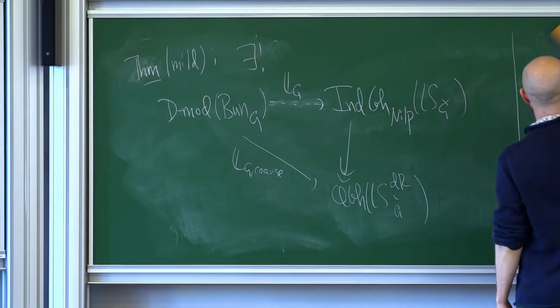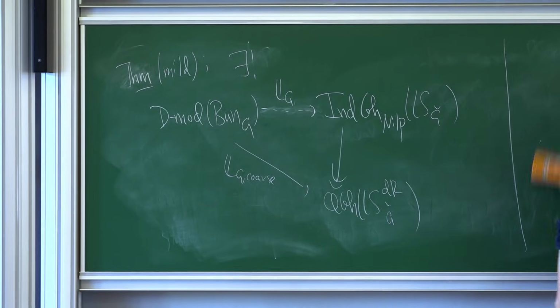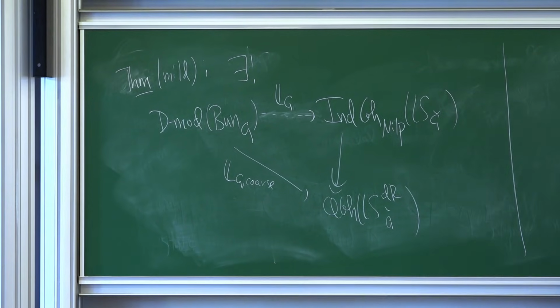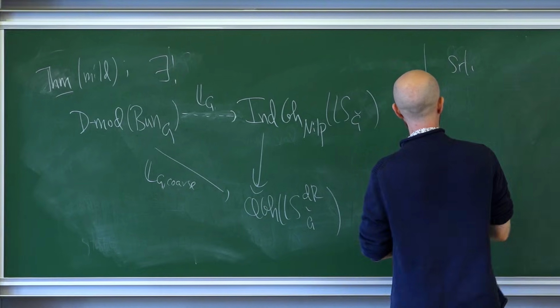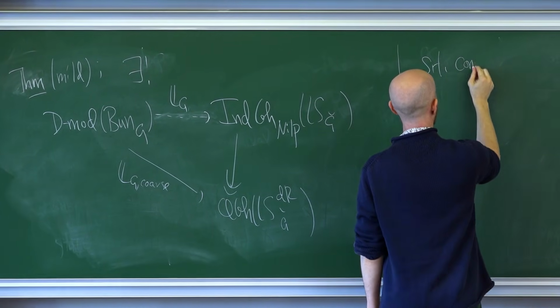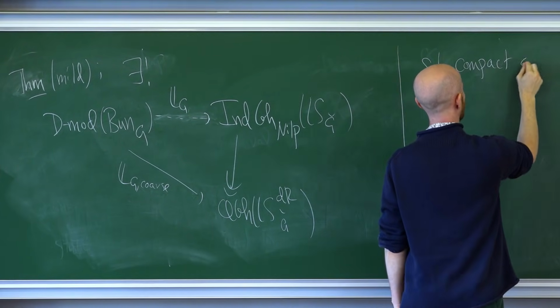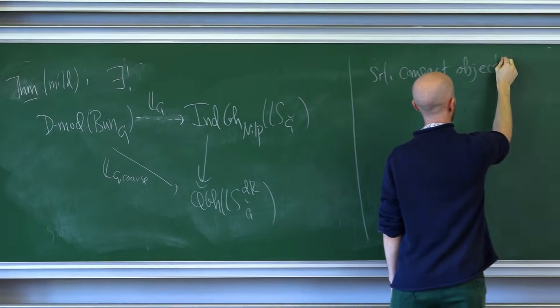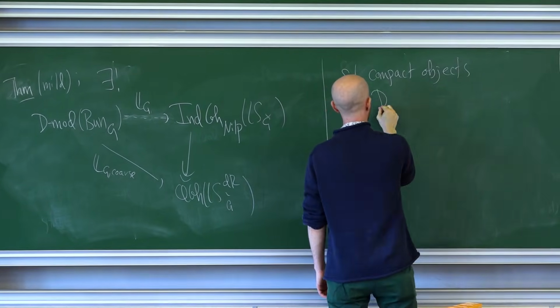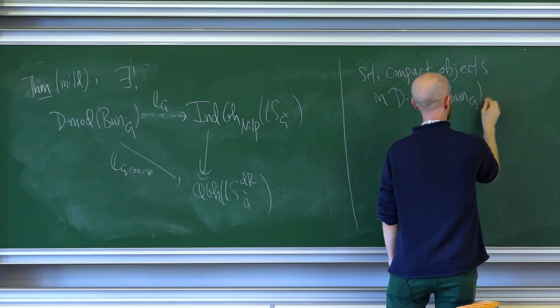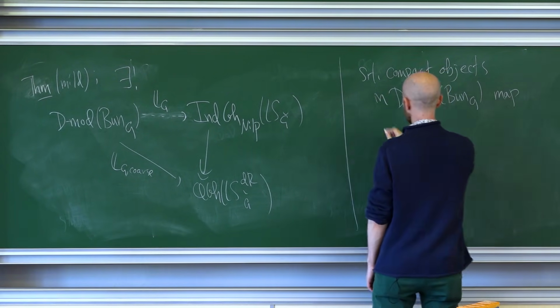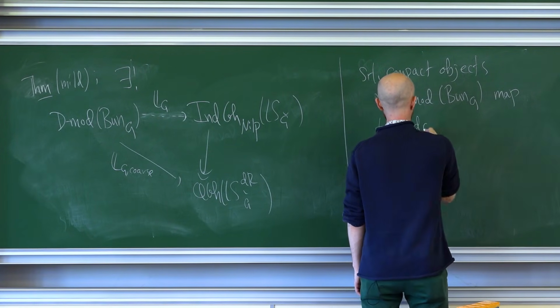And this is supposed to have the property that compact objects, so to say small objects in D modules on Bun_G, map to bounded below objects.